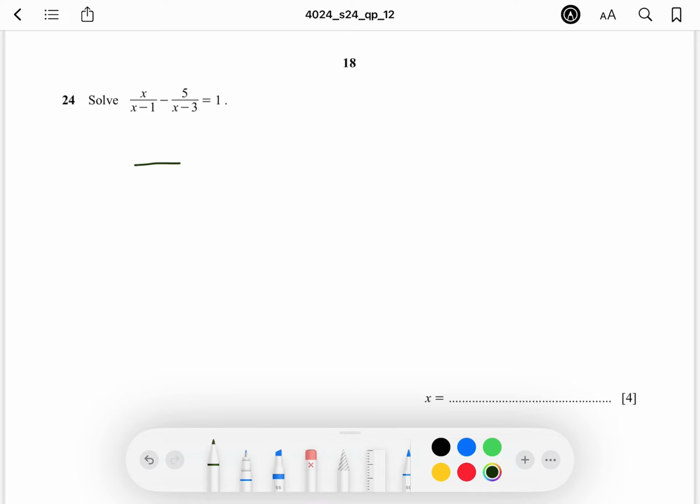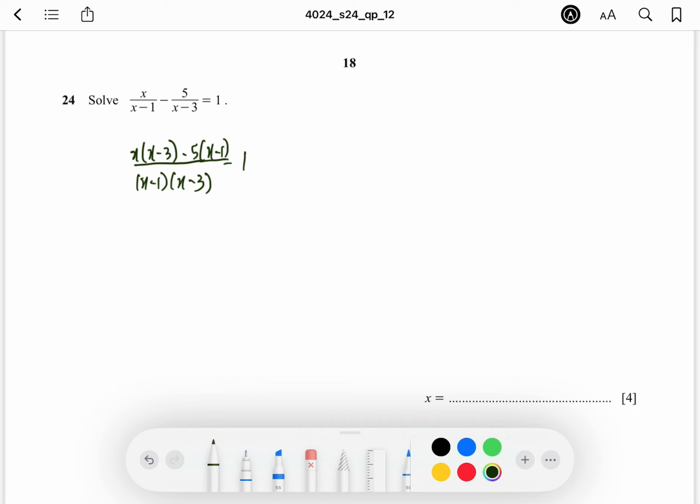So I'll show the one yang single fraction first. Okay? So that means x minus 1, x minus 3 divided by x minus 1 tinggal x minus 3 times x. So the numerator for the first fraction is x times x minus 3. And subsequently for the second one is like that. Then you can see clearly that you need to multiply it with x minus 1 and x minus 3.